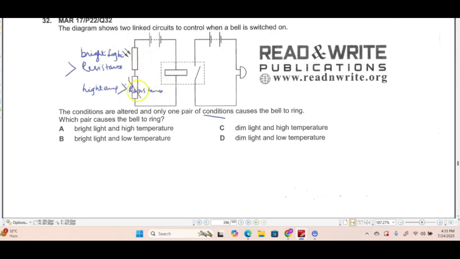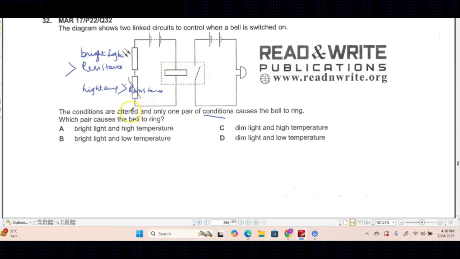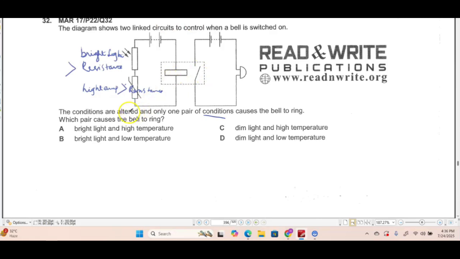Okay, when these two resistances are lower, a current is going to flow over here, and then this bell is going to sound. Okay, because these two resistances have been lowered, more current is going to flow over here, right? So more current means that they've set up this switch so that when more current comes in, the bell starts to sound. Okay, so A is going to be our correct option.